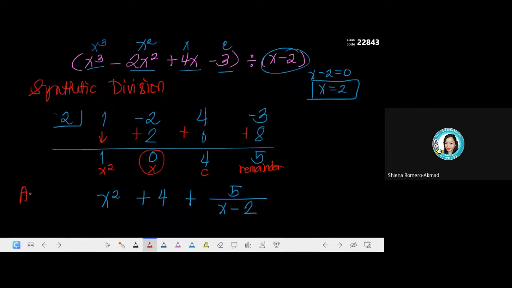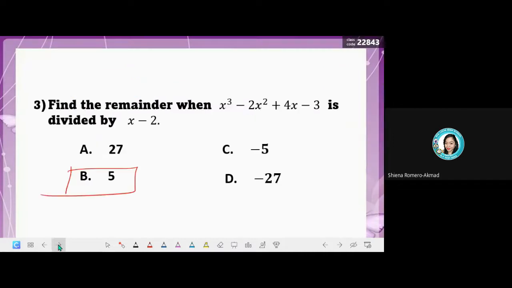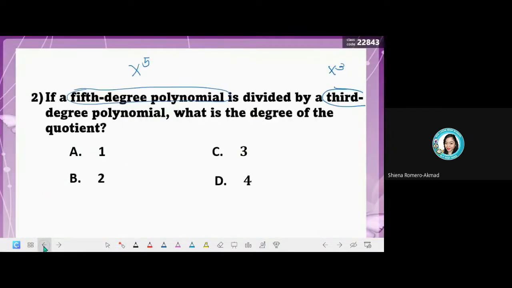So this will be our final answer. So kung titingnan ninyo, pareho po siya dun sa sagot natin kanina. Ayan. X squared plus 4 plus 5 divided by x minus 2.